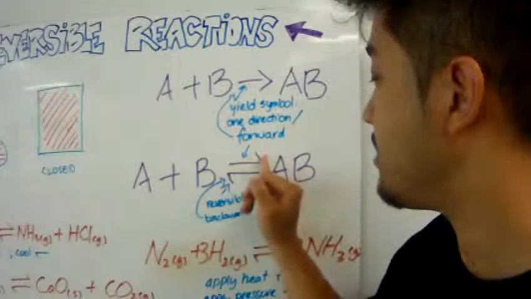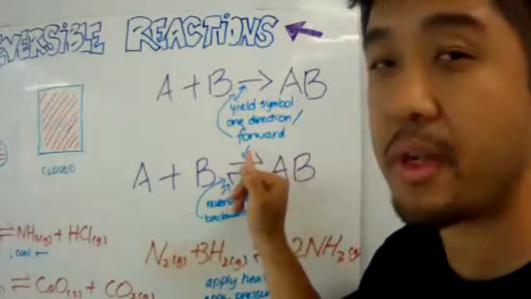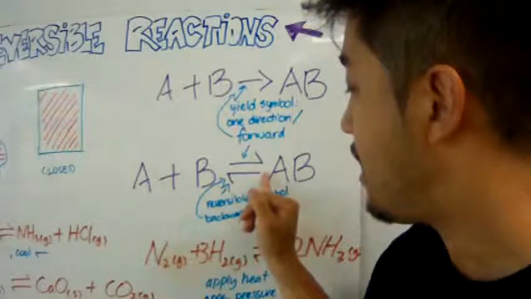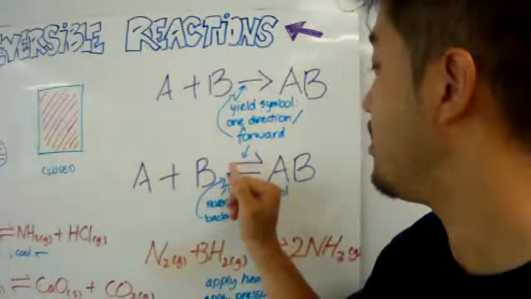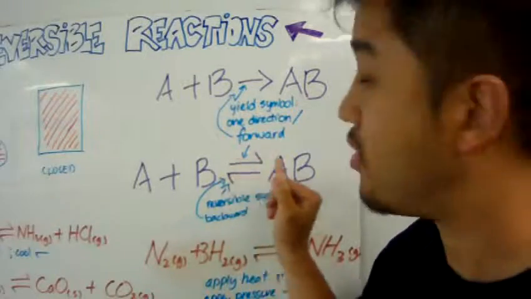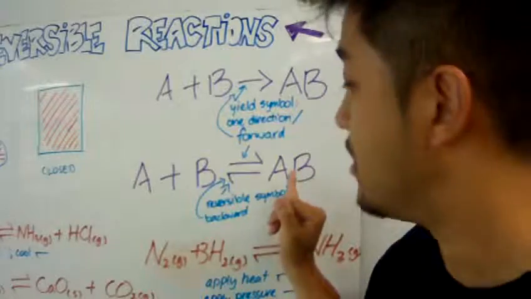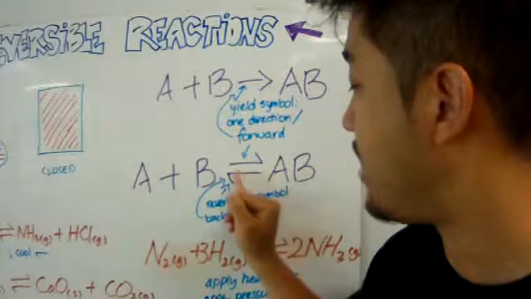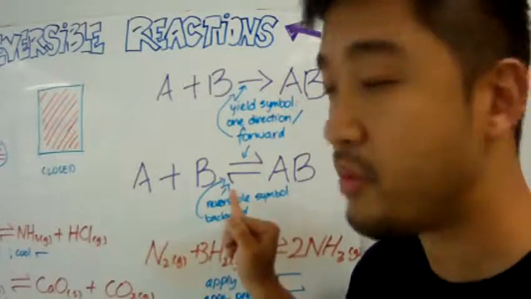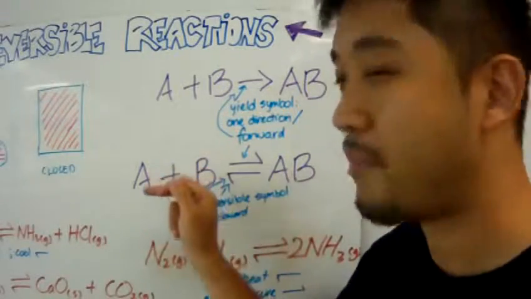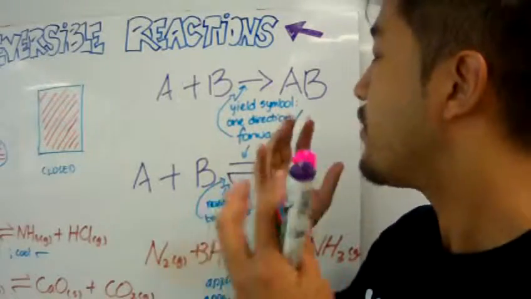This symbol is comprised of two arrows, a top half arrow that points to the right and a bottom half arrow that points to the left. Now, the top half arrow that points to the right indicates a forward-moving reaction. But the bottom half arrow that points to the left is a backward-moving arrow that points back to the reactants.